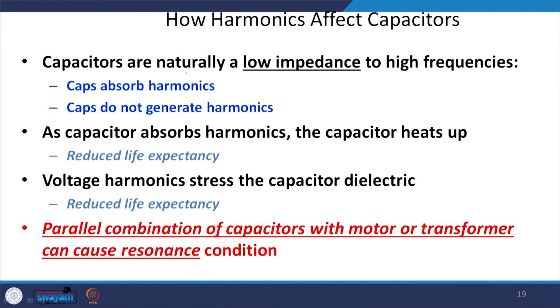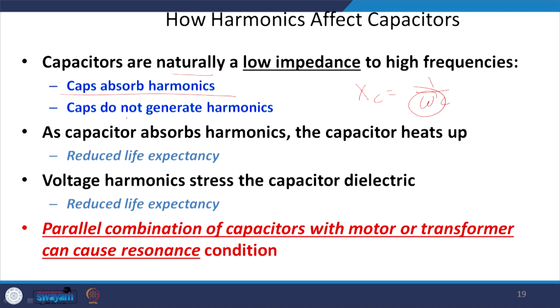So, how do harmonics affect the capacitor? Capacitors naturally, because Xc equals 1 by omega c, so the higher the omega, the lower the impedance.